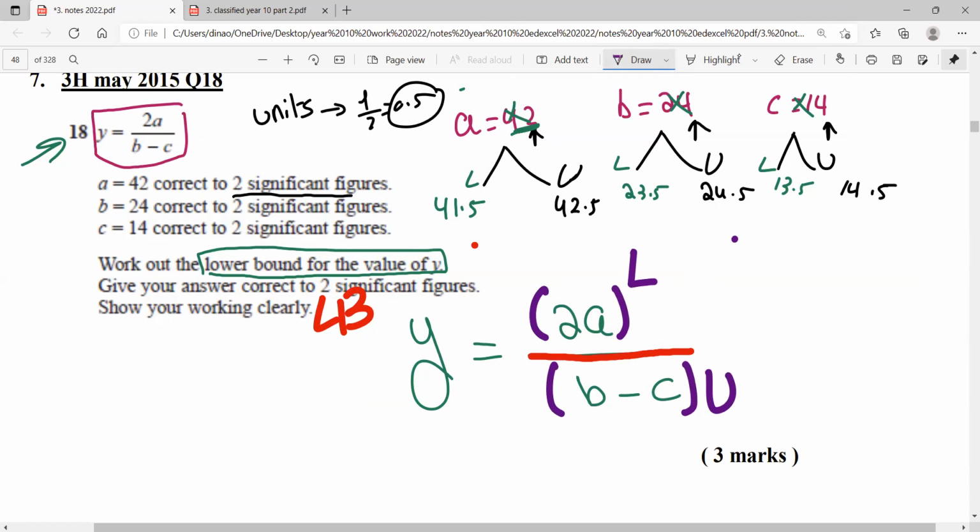So if the numerator is lower, then the denominator will be upper. Okay? The lower bound on top is lower, and the one below is upper.